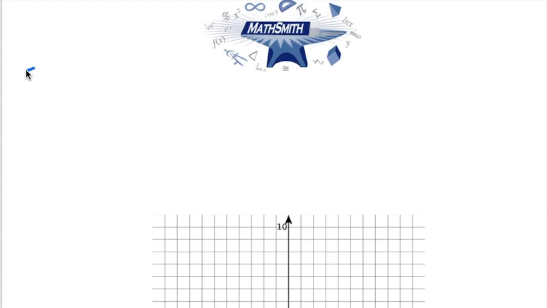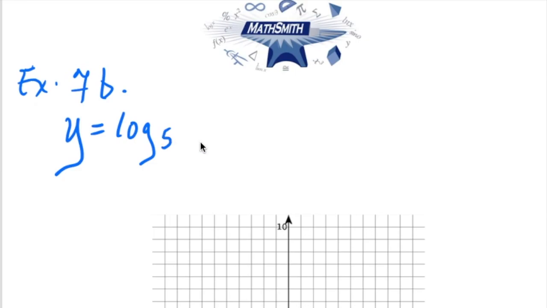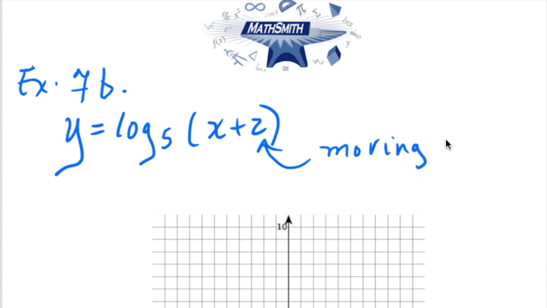Go on to example 7b. They want us to graph y equals log base 5 of x plus 2. All right, so this is minus h, so this is telling you what? You are moving horizontally to the left.